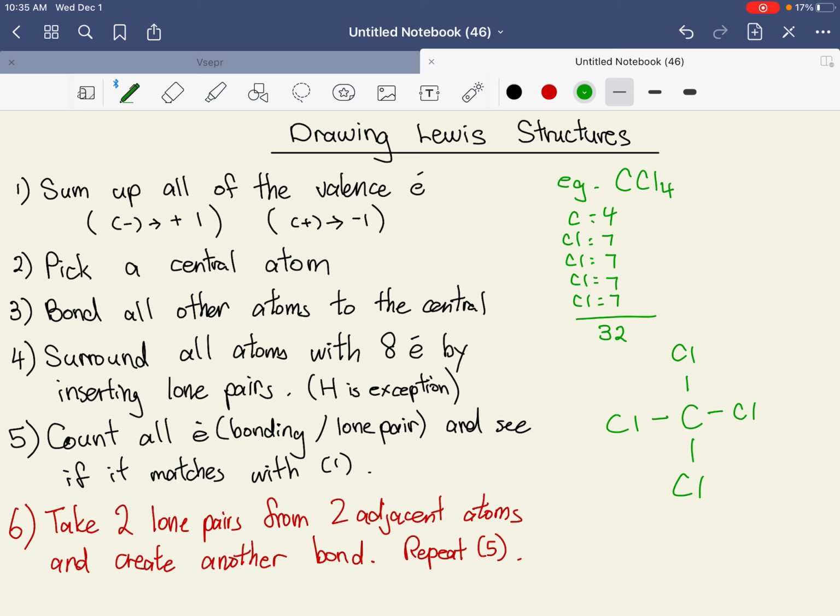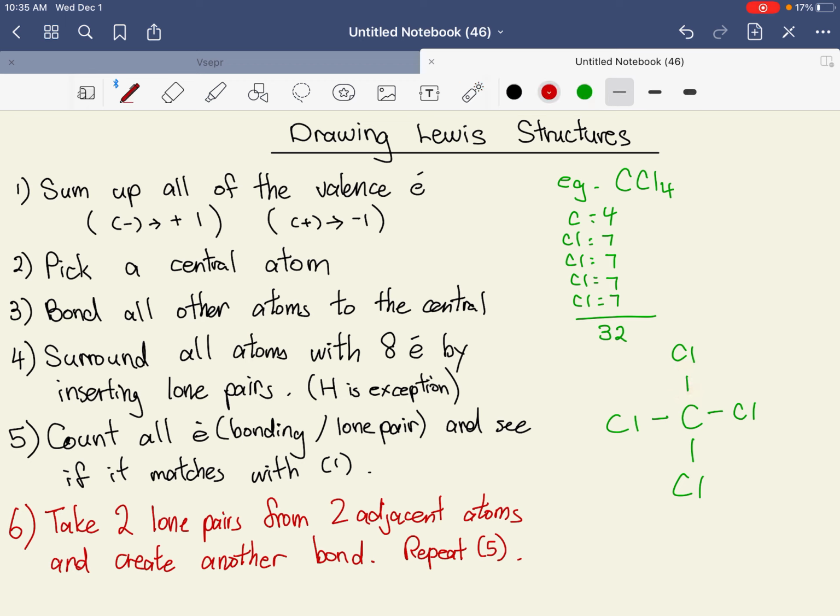There's no H to worry about here, so I'm just going to surround everybody by 8. However, take a look at carbon. Carbon is good. 2, 4, 6, 8. Carbon is already surrounded by 8 electrons, so I'm not going to insert any lone pairs to carbon. Carbon won't like that. He'll get angry. Chlorine I do, because each one of these chlorines has only 2 electrons surrounding it right now.